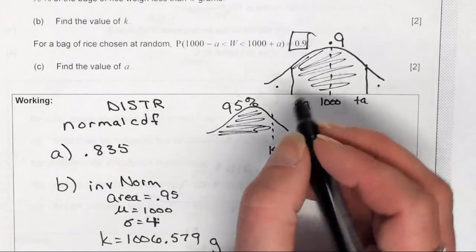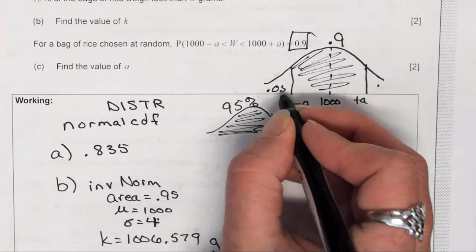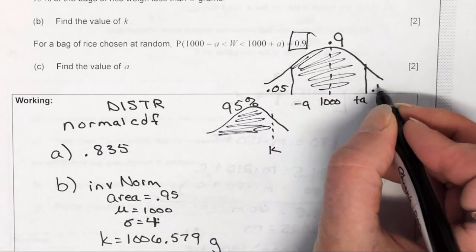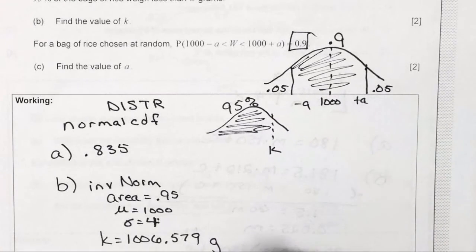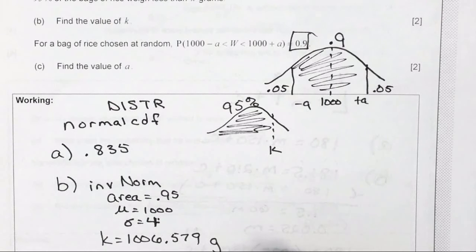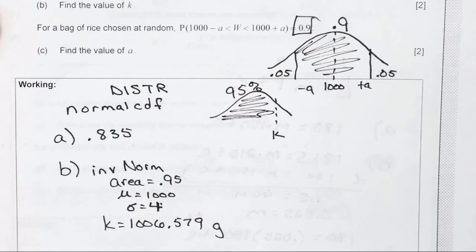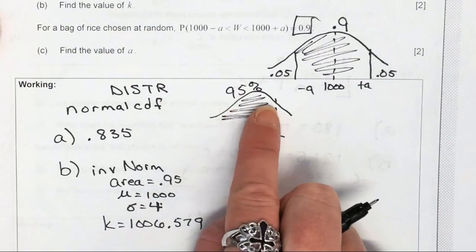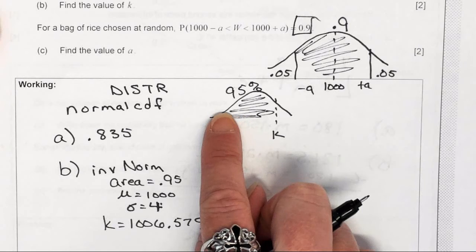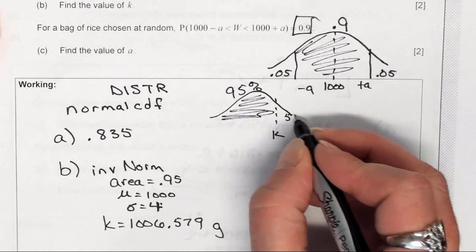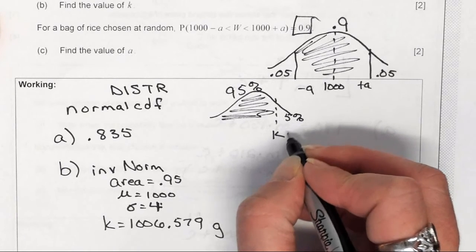So 0.05 and 0.05. One way you can actually do this problem, wait, wasn't this 95%? Yep. That means there's 5% there.